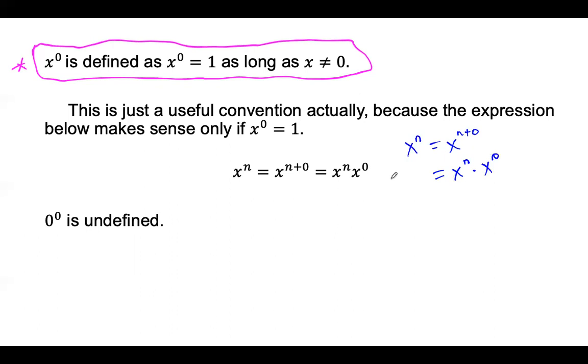But from the last identity, x to the power n has to be equal to x to the power n only if x to the power 0 is, by definition, equal to 1. So this only makes sense if x to the power 0 is equal to 1.